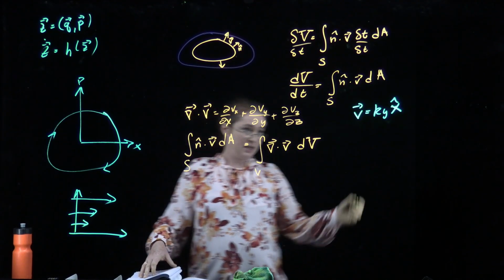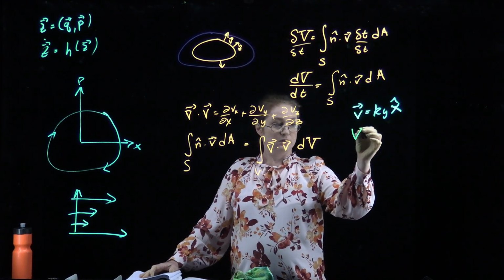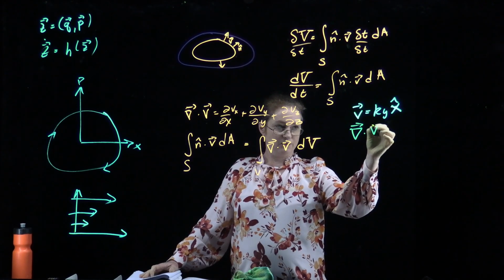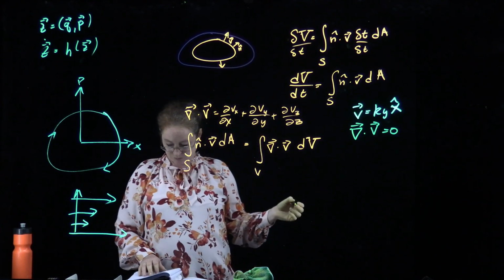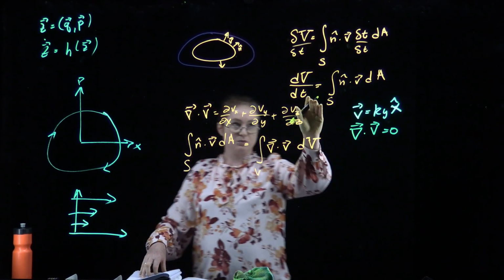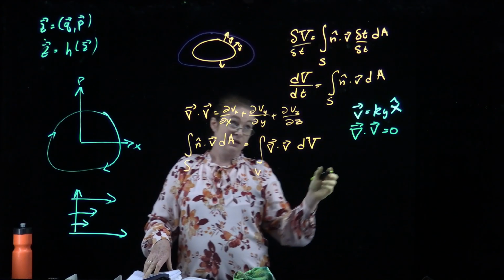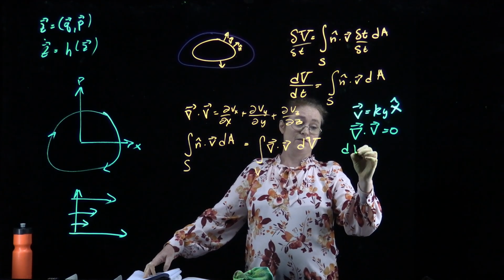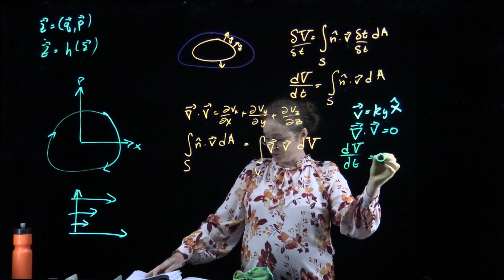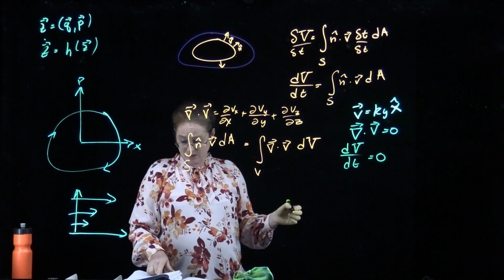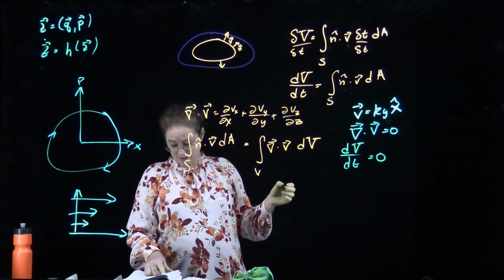And in that case, del dot v is equal to 0. And this would tell us that dV/dt is equal to 0. So there is no time dependence.